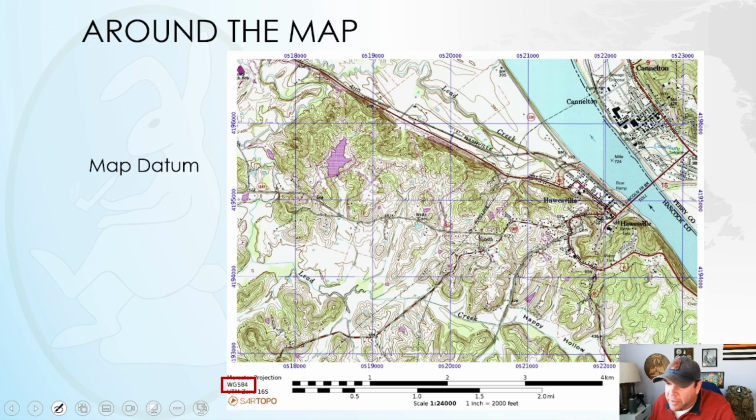One of the more recent searches I was on, an individual said on Facebook that he was lost, and he gave us his exact coordinates. And of course, whenever we got to the exact coordinates, there was nobody there to be found. There was no lost person waiting for us. So as we were looking around, I thought, well, maybe he was using a different map datum.